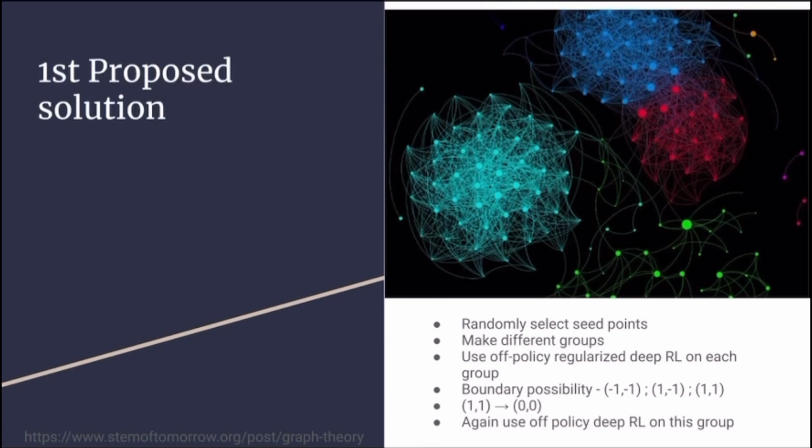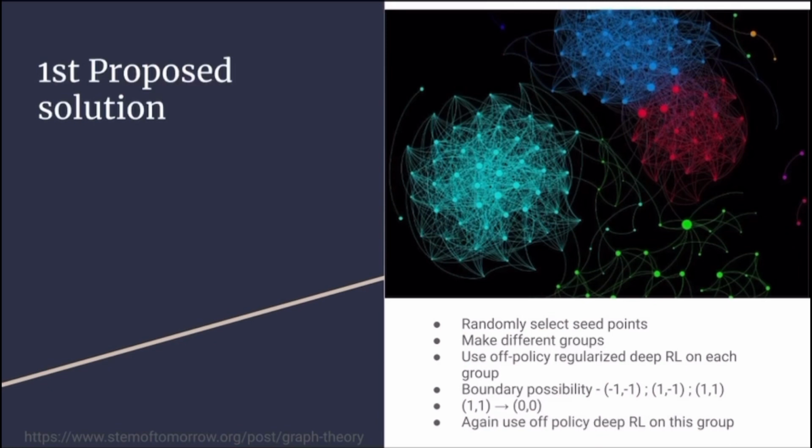So like here we can see that the graph is divided into 4 groups. One is blue, one is light blue, one is red, and the other one is green. So first we are going to give seed points, and then we will use any algorithm to determine the groups.